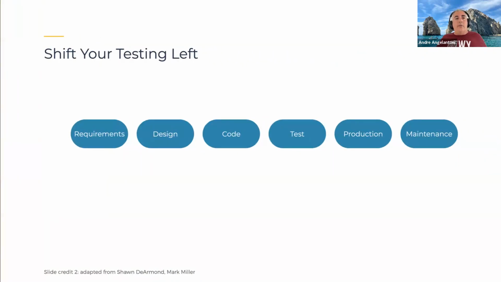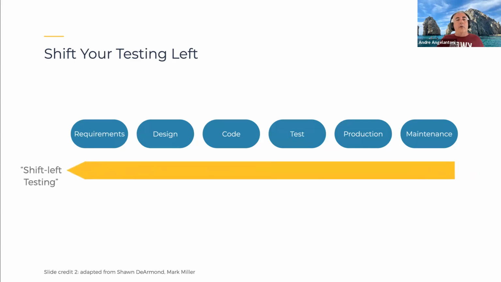So you may have heard of this concept of shifting left, or shift left. In shift left, what happens is you move the testing from the right-hand side of this process earlier and earlier.